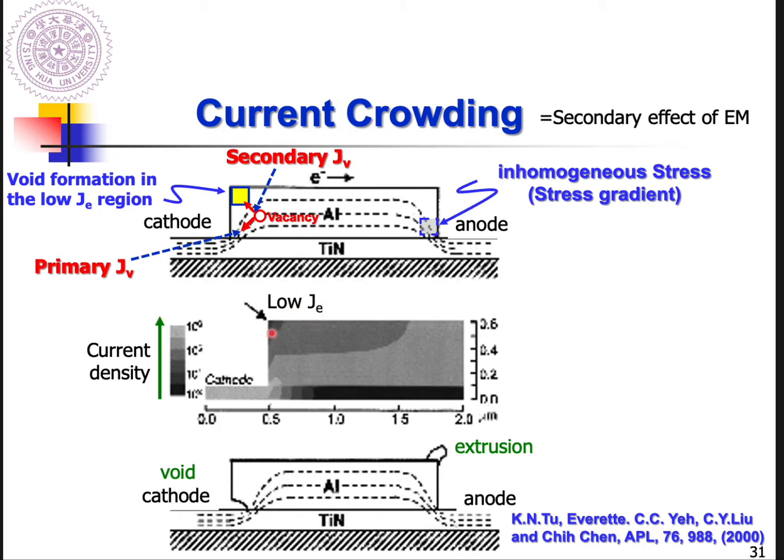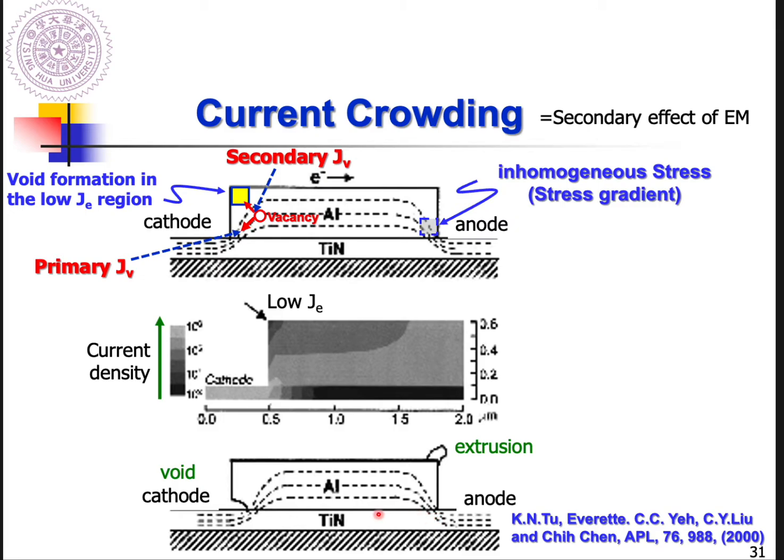And if the current density increases and causes the EM damage, including the extrusion and the void formation, we are going to observe this phenomenon happen on this aluminum line, right?